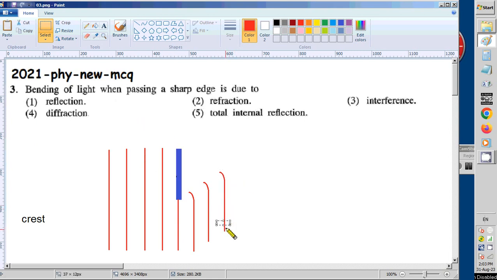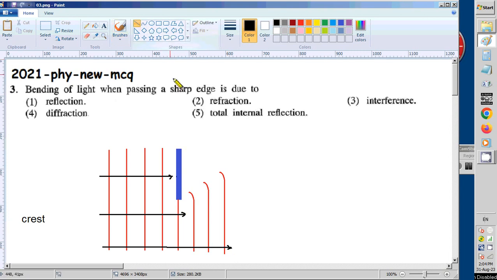To find out the direction of propagation: initially the waves came from left to right, and at this midpoint they passed the edge without bending because it is far away.